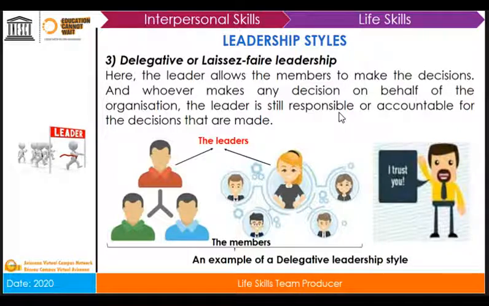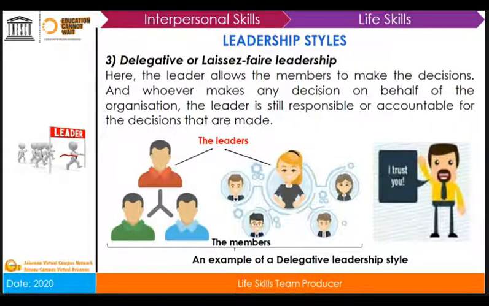The third leadership style is the delegative or laissez-faire leadership.